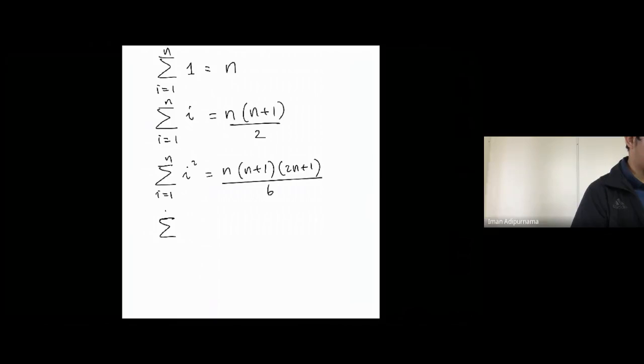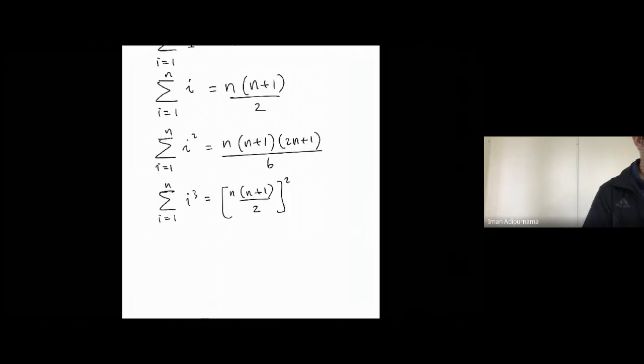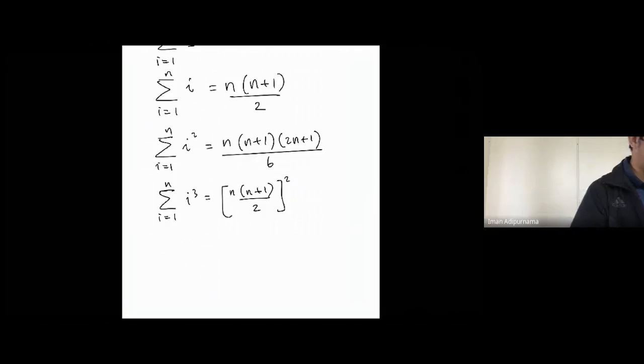And if you have sigma from 1 to n of i cubed, it's (n(n plus 1) over 2) squared. And if you have c as a constant, you can rewrite the sum like that.